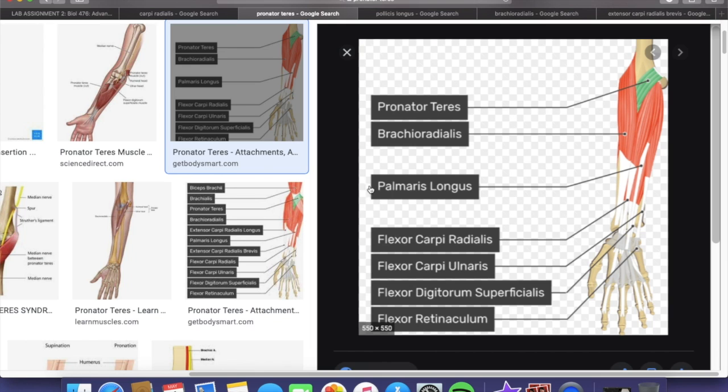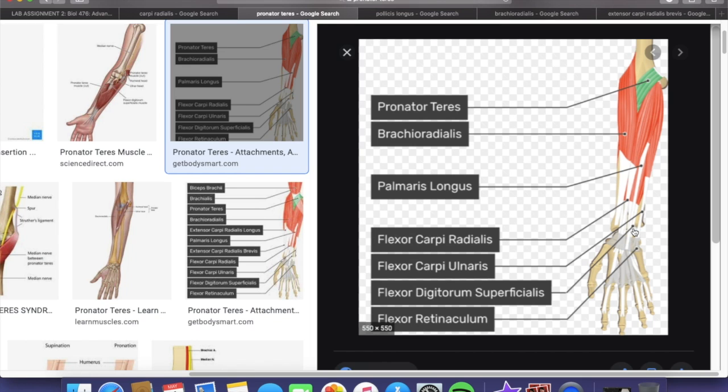Okay, so the first one is the flexor digitorum superficialis. It's right here at your wrist, and it is responsible for flexion, and it is innervated by both the ulnar and median nerve.